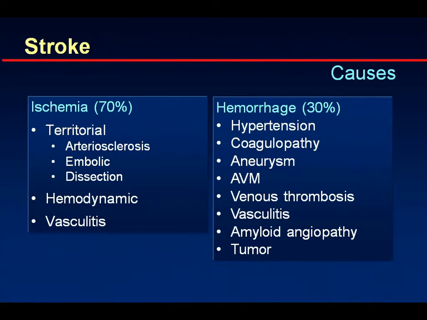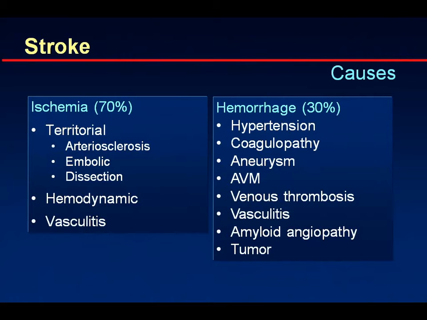If you look at the two big causes of stroke, about 2/3 are due to ischemia, and about 1/3 is due to hemorrhage. Now, if you look at ischemia, arteriosclerosis is one of the major factors that leads to stroke, be it directly or indirectly.